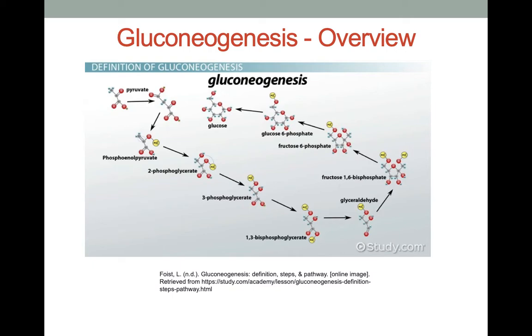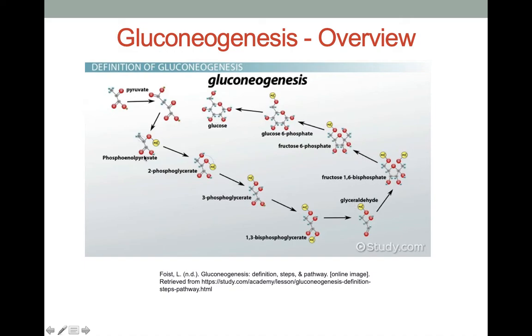It's defined as the method of producing glucose from non-carbohydrate precursors. And basically, if we look in the picture, we start with pyruvate in this case, because that's what we've used most often, and we're going to work backwards and go through these steps and produce glucose.